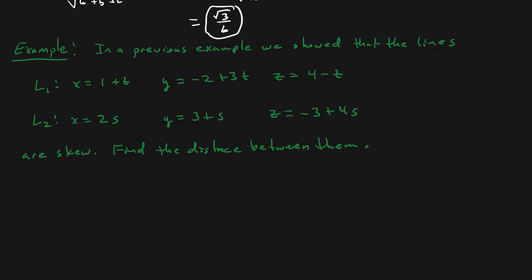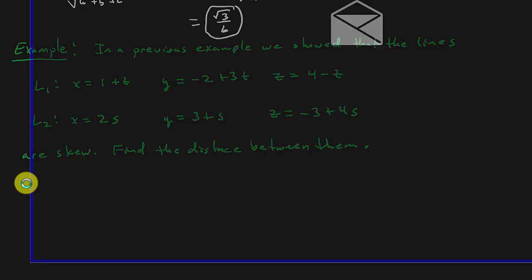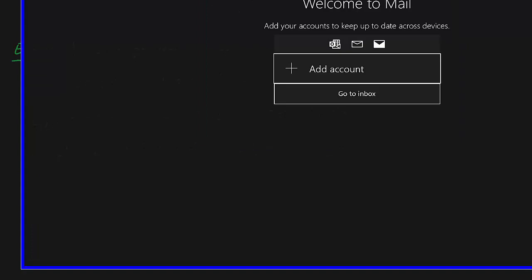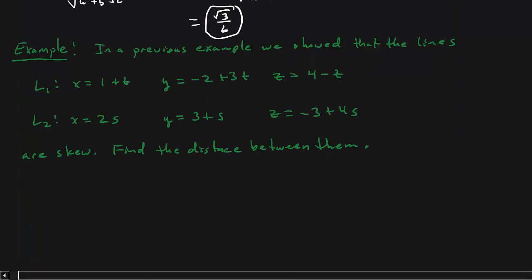They're skew lines. That means they don't intersect. So we know L1 and L2 are skew.